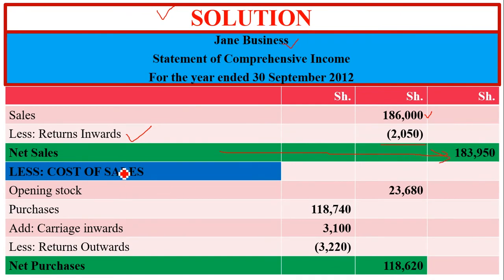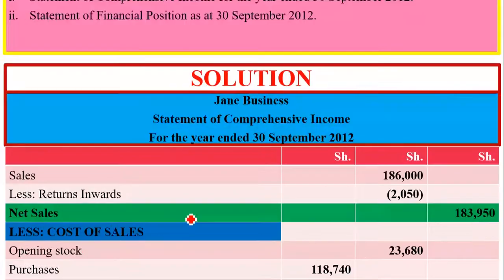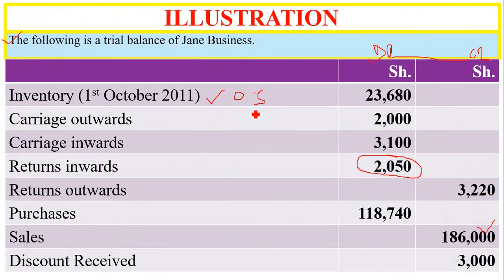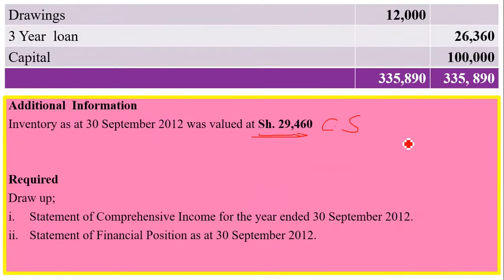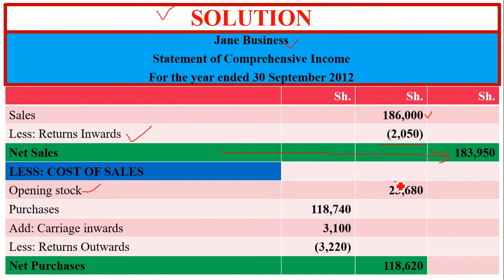Then on that, we are going to less the cost of sales, which we have to calculate. How do we calculate it? We start with the opening stock, which is the stock at the beginning, 23,680. Then you go to purchases, and purchases are affected by two items, carriage inwards and returns outwards.